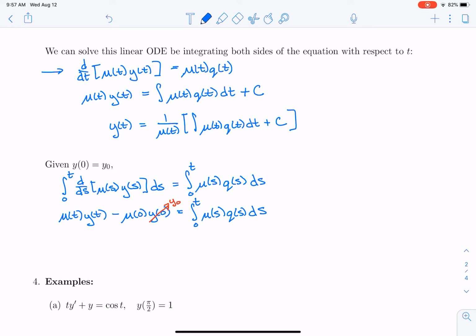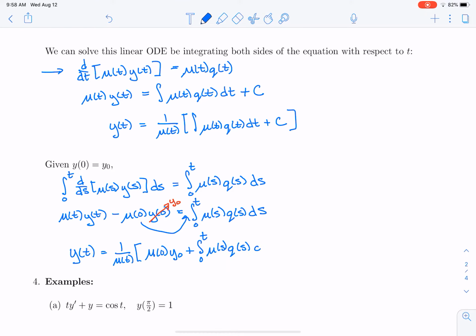Okay, so again, I'm going to move this to the other side of the equal sign, and then I'm going to divide by mu(t). So y(t) in this case is going to be 1 over mu(t) times mu(0) y sub 0 plus the integral from 0 to t of mu(s) q(s) ds.